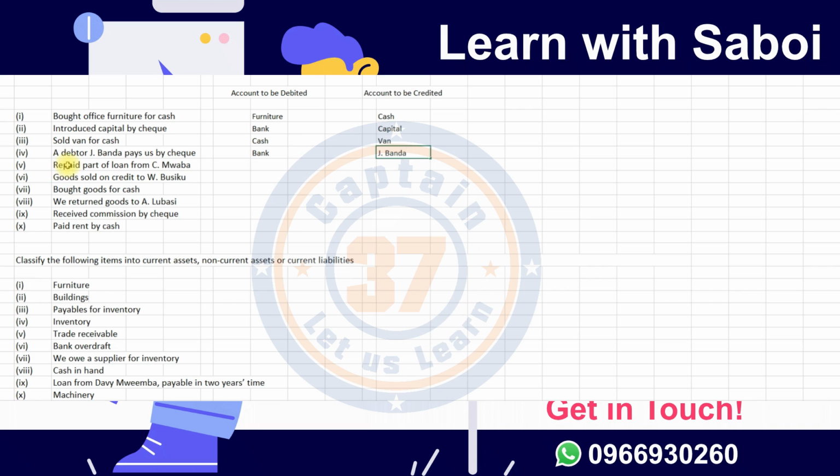Number 5, repaid part of loan from Simwaba. Simwaba had given us some money, and we are paying him back part of it. So who do we debit?